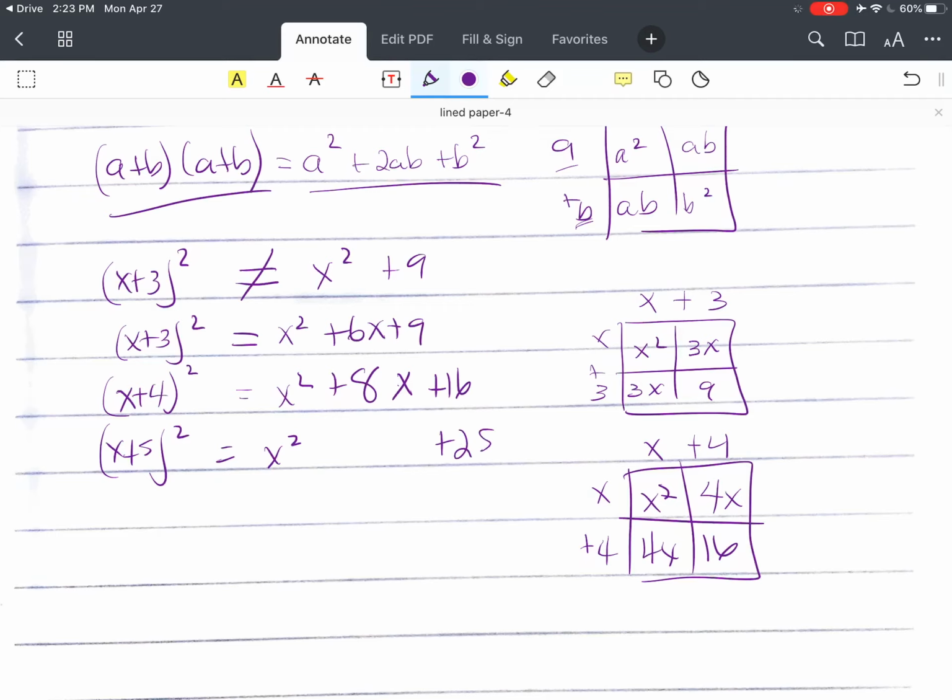What about (x plus 5) squared? We know this is going to have an x squared. We know it's going to have a plus 25. But how many x's do you think we're going to have? If you said 10x, I want you to tell me why. Just say it out loud. You'll have 10 seconds.